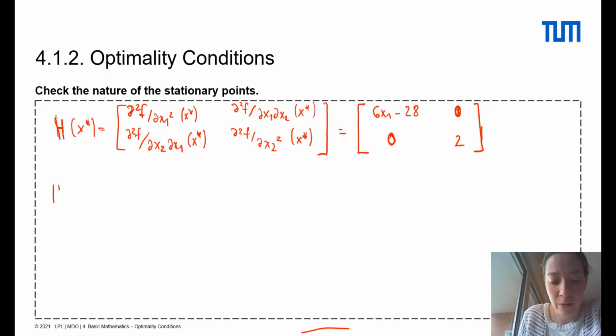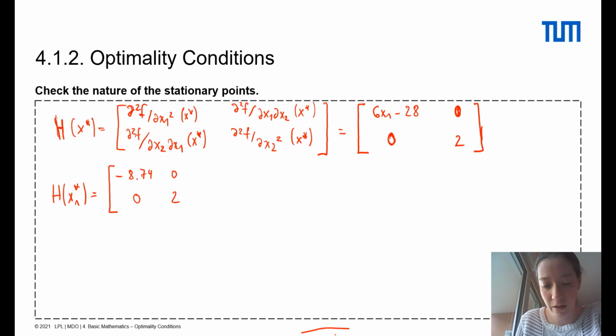Okay, now we evaluate our Hessian at x1 star, and we have minus 8.740, and here we have 2.